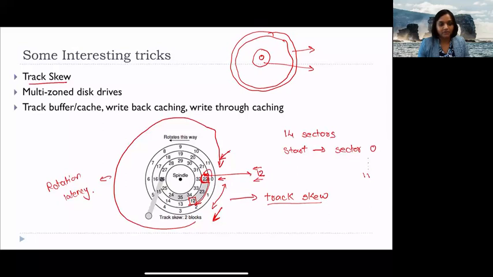The idea behind multi-zone disk drives was exactly that: if you have a lot more space, let's build a lot more rooms. So let's accommodate a lot more sectors in the outer tracks rather than the inner tracks.